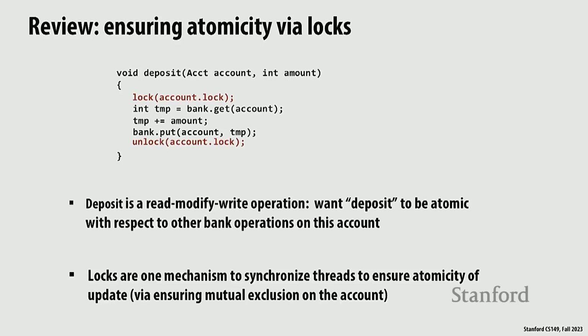So the way to fix that is to make the deposit method atomic by using locks. You take an account lock, and if you do this, then you're going to ensure that the deposit method is atomic.